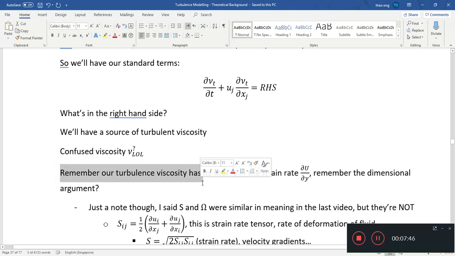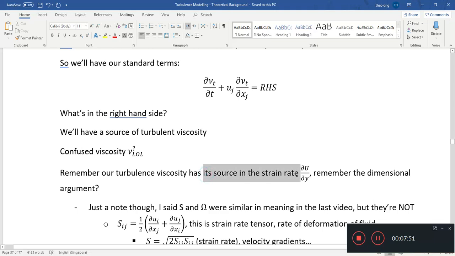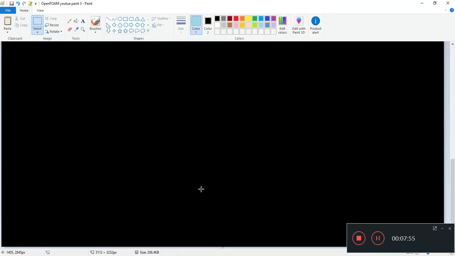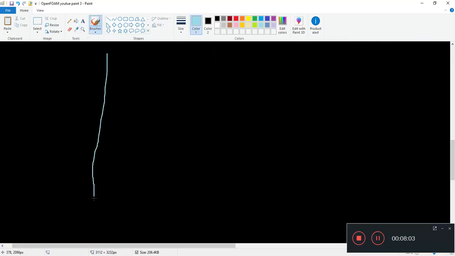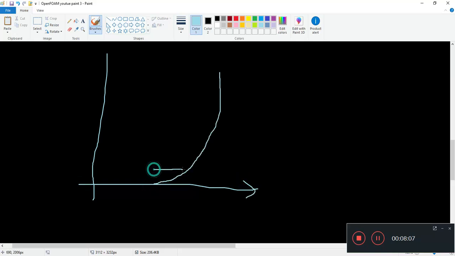Back to our discussion. Remember, turbulence viscosity has its source in the strain rate, and I'd like to bring you back to the dimensional argument. Let's say we have a velocity profile like that, it's a mean velocity.